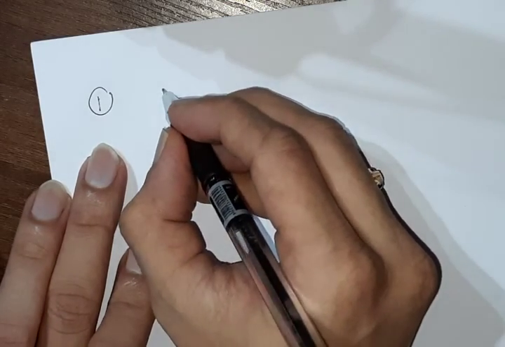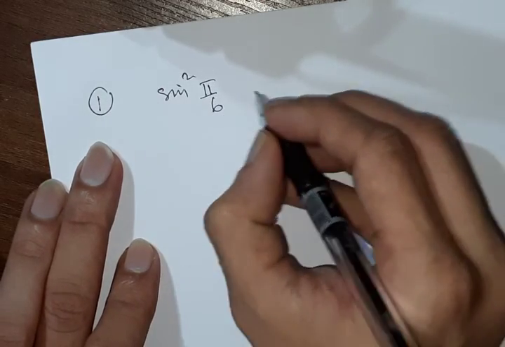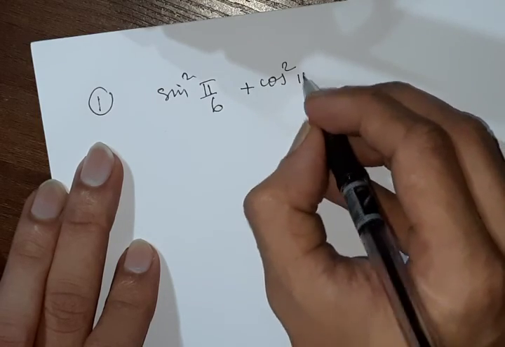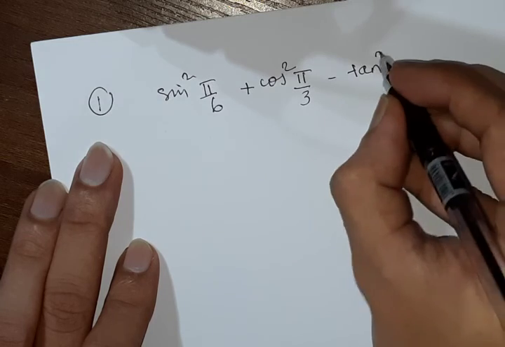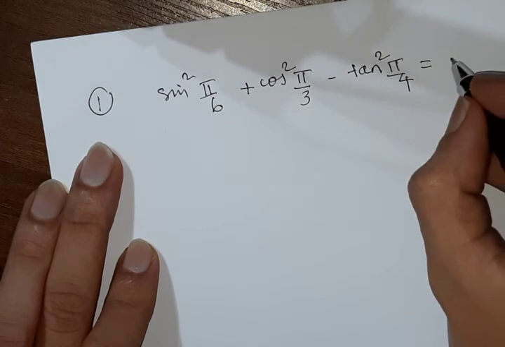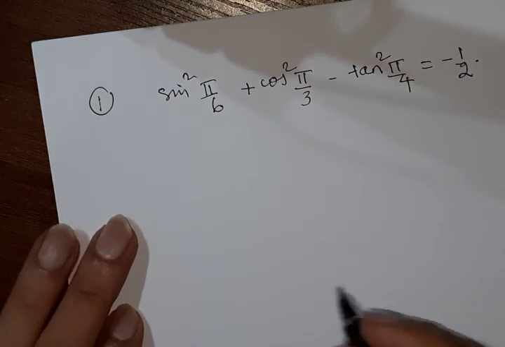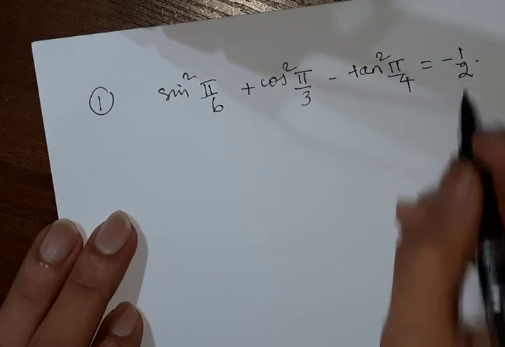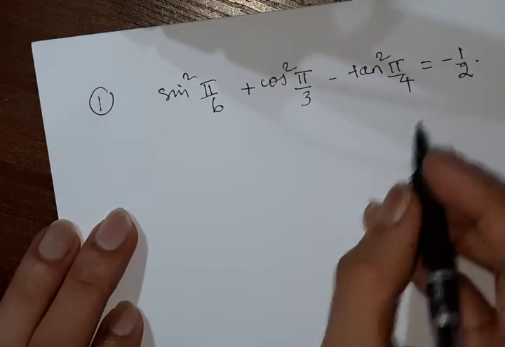So what you have to prove is sin² π/6 + cos² π/3 − tan² π/4 = −1/2. Now when you prove this type of problems, you prove LHS is equal to RHS, right?